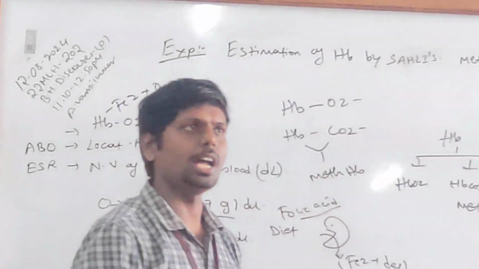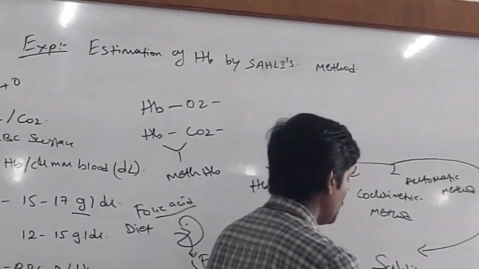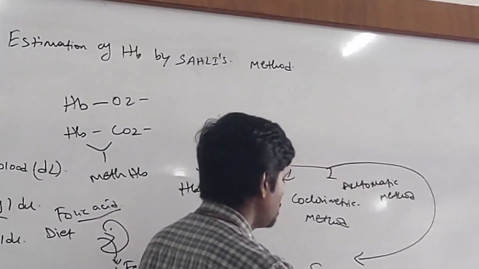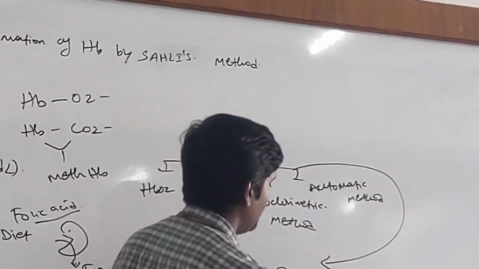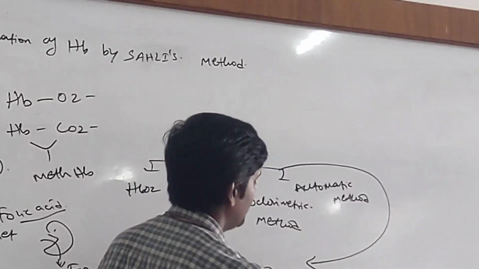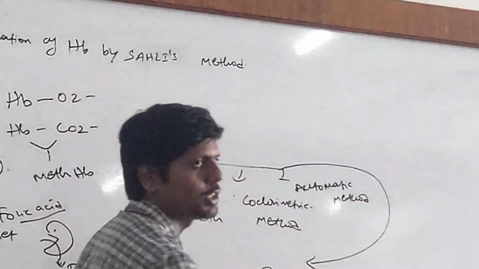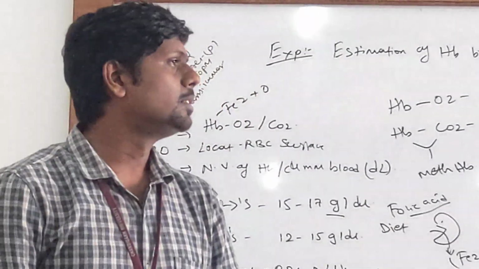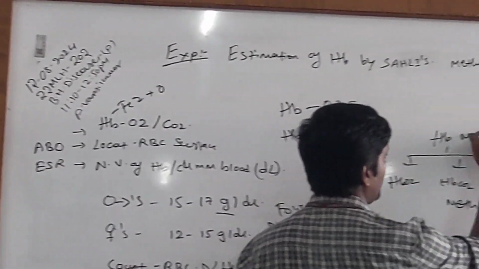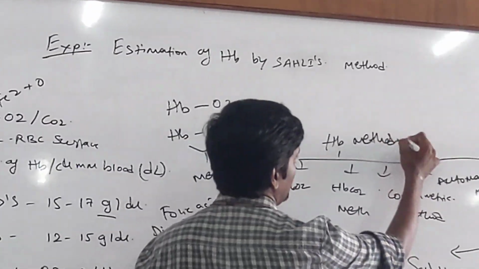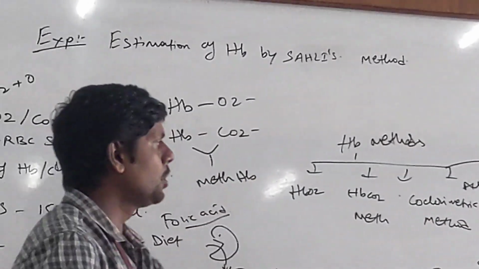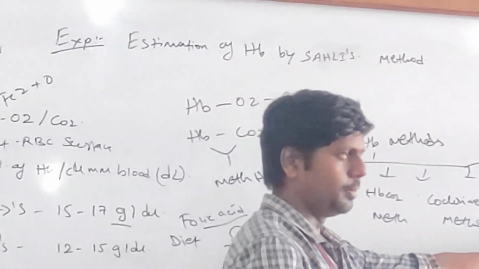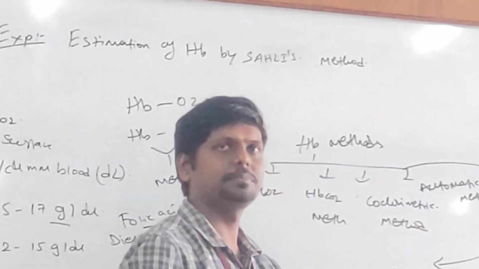Sahli's method is also called the visual method. Visual HB estimation method. So now you understood the methods of HB estimation: colorimetric method, automatic method, and Sahli's method.